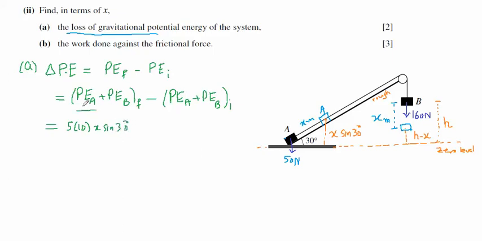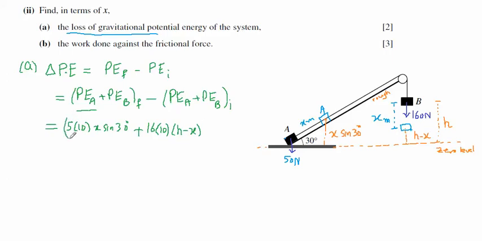This is the potential energy of A finally, plus the potential energy of B finally. It is here and has the height of h minus x, so its mass 16 kilograms times g, which is 10, into h minus x.